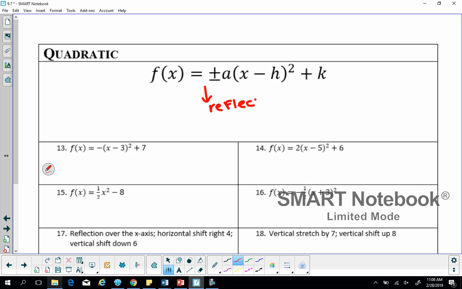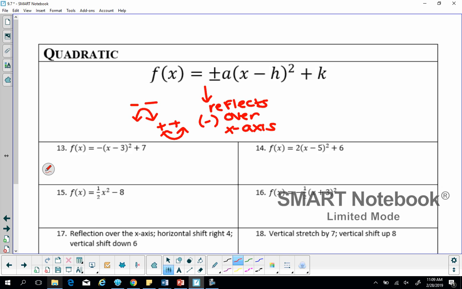Do we remember negative Nancy and positive Patricia? Yes. That's coming back. If it's negative, it looks like that. Positive Patricia looks like that. Remember that? So negative Nancy, positive Patricia are going to come back right now. That was quadratic. So if it's negative, it looks like a negative Nancy, reflects over the x-axis.